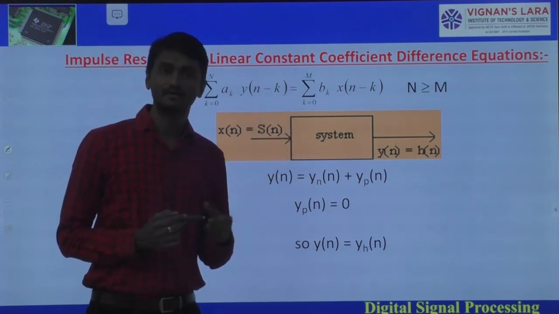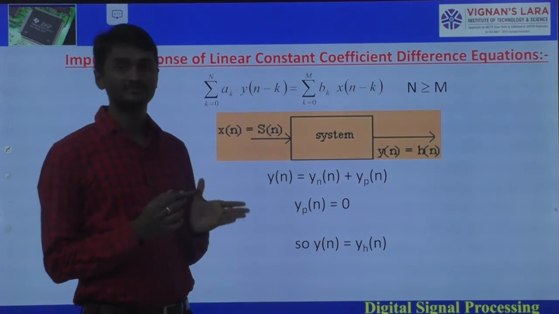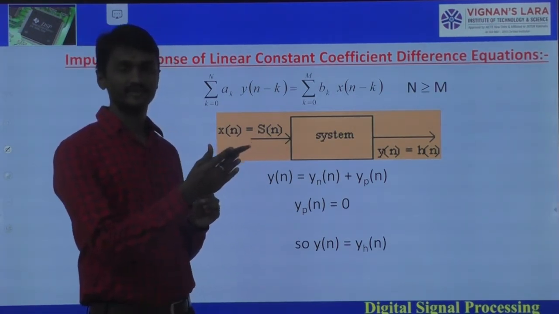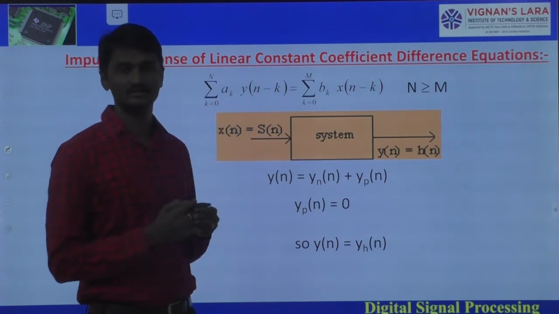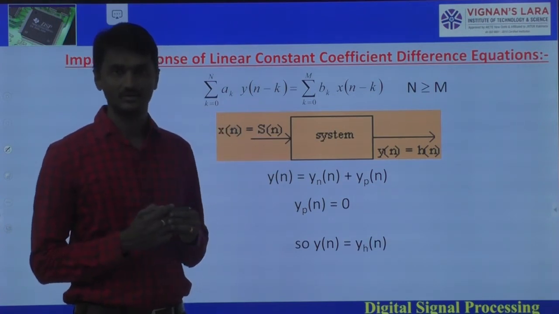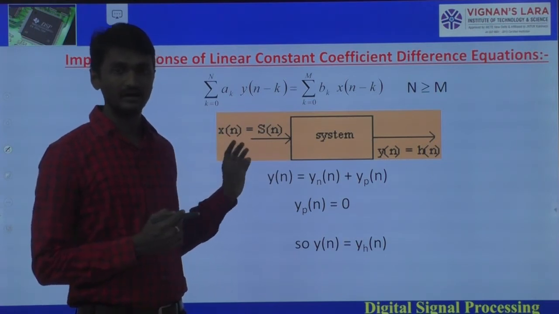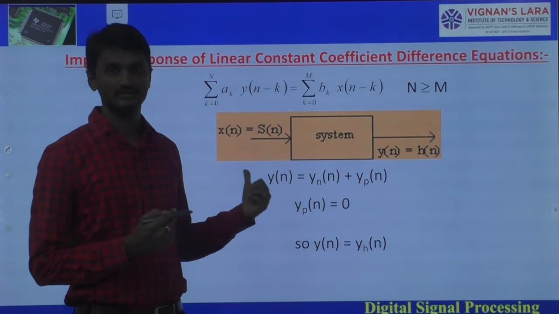In a similar way, if I apply the unit step signal as the input to the system, then the response of that system is called the unit step response. So here I am going to calculate the impulse response and step response in this lecture.